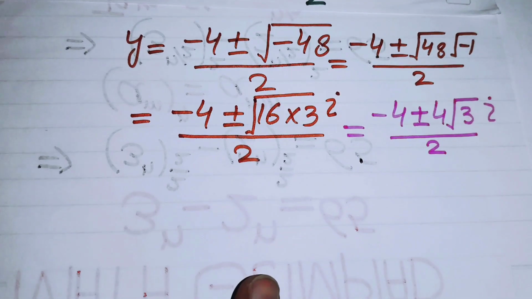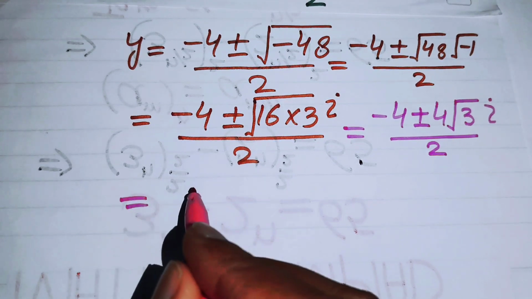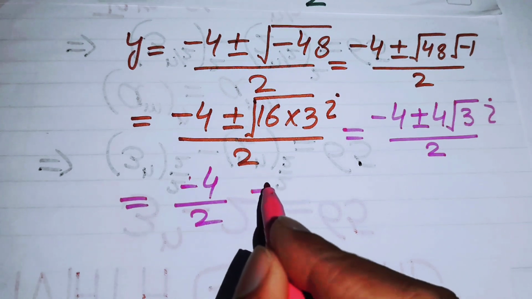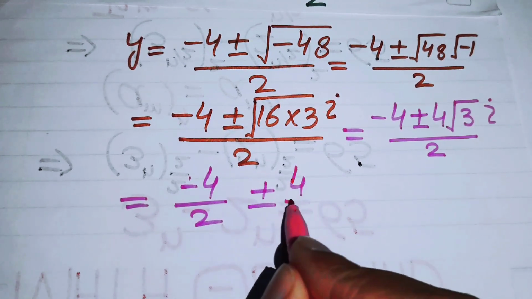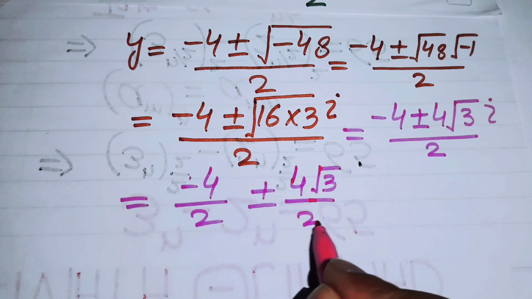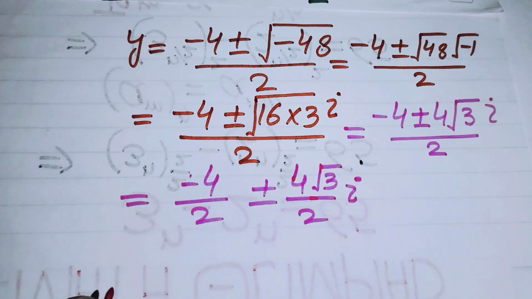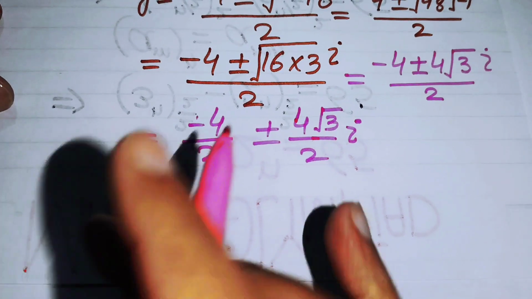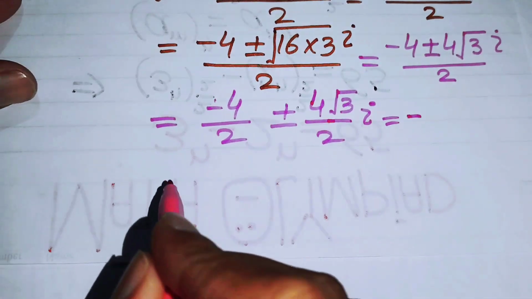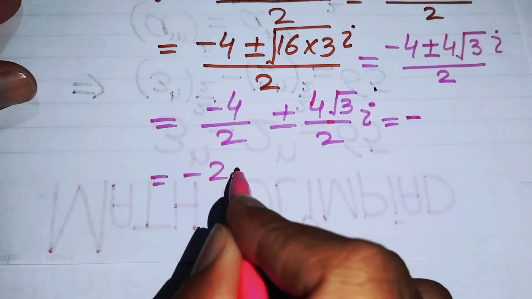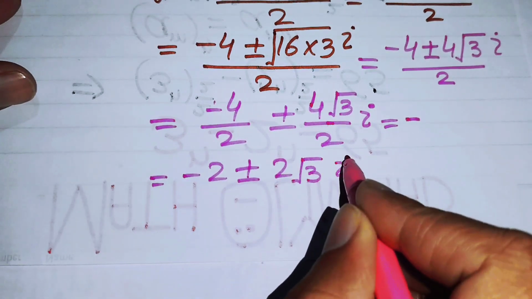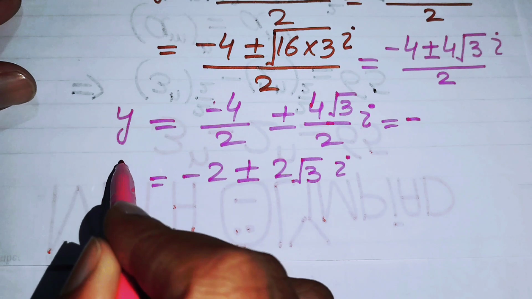Now we separate the terms, and we write it as minus 4 over 2 plus minus 4 times square root of 3 over 2 into iota. Now we cancel the terms, and I can write here minus 2 plus minus 2 times square root of 3 iota, and this is the value of y.